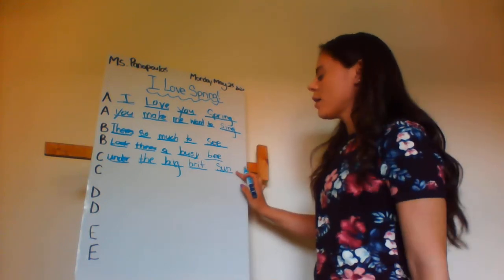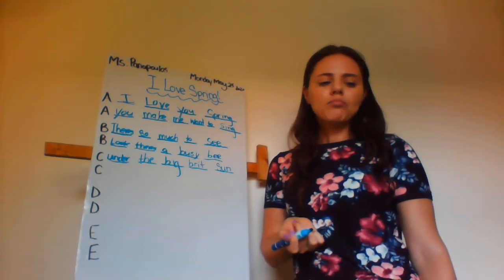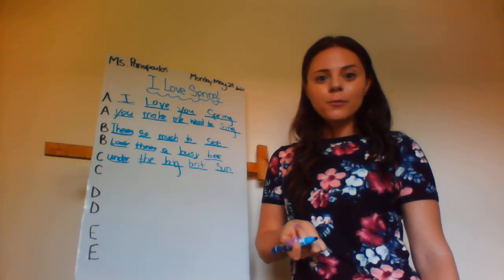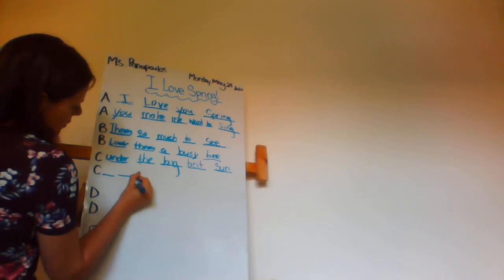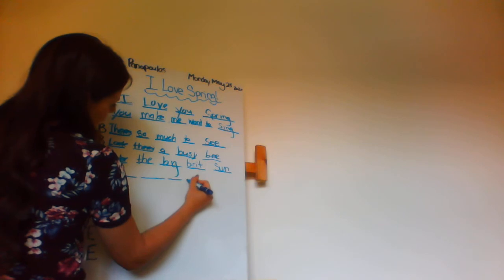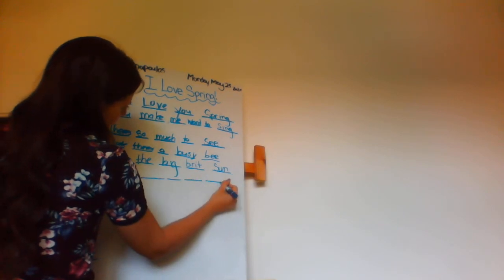Okay, so I need a word that rhymes with sun. I dance around and have some fun. I dance around and have some fun.